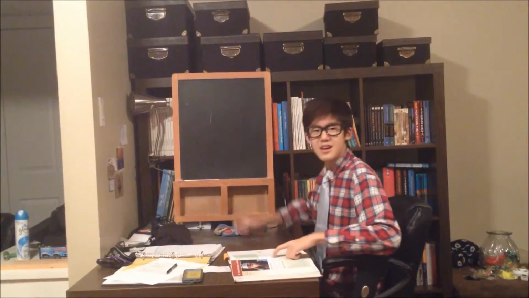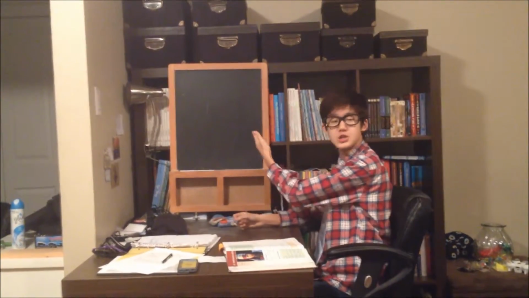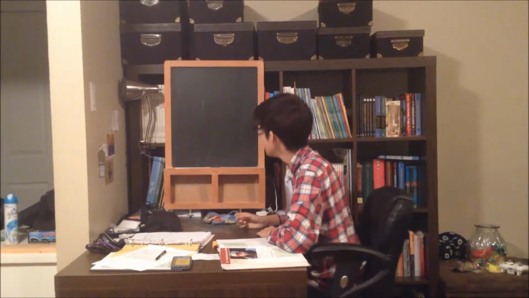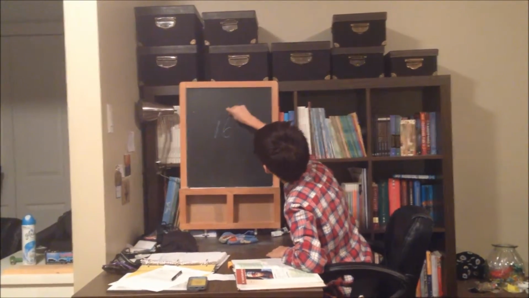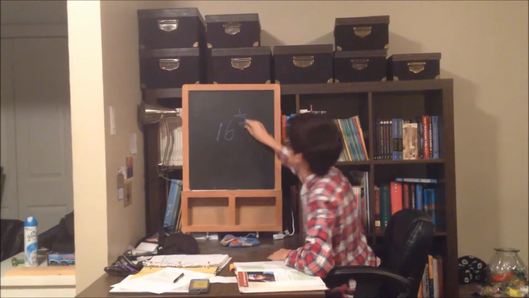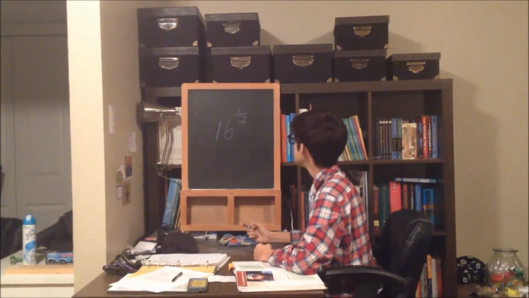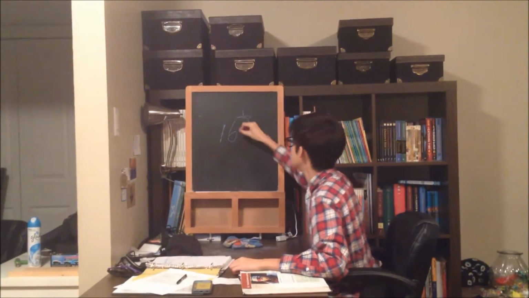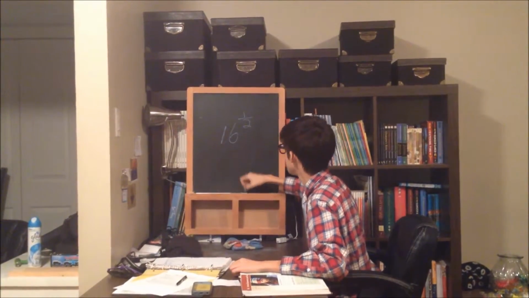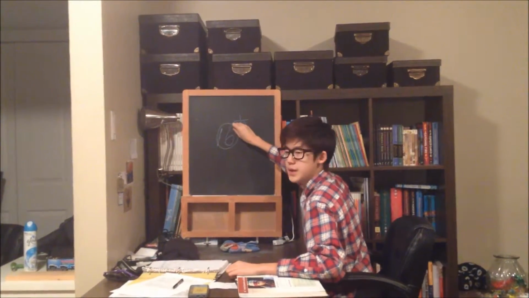Alright. Fraction exponents. We'll have an example. 16, and the exponent will be 1 over 2. Now, to do this, it takes a couple of steps, but it's very doable. This number 16 here, that's your base.